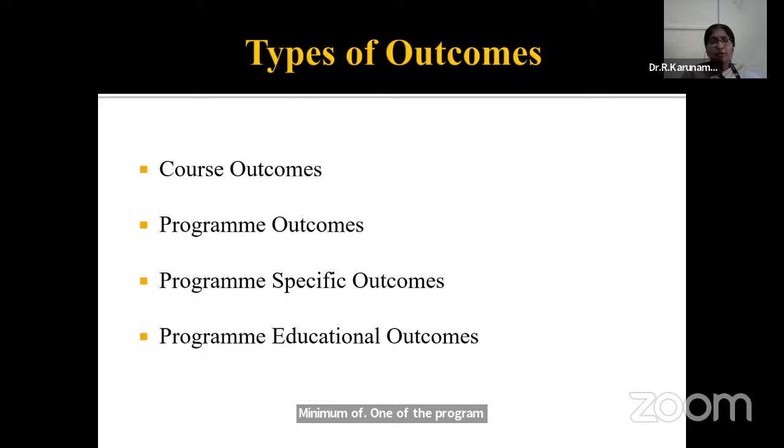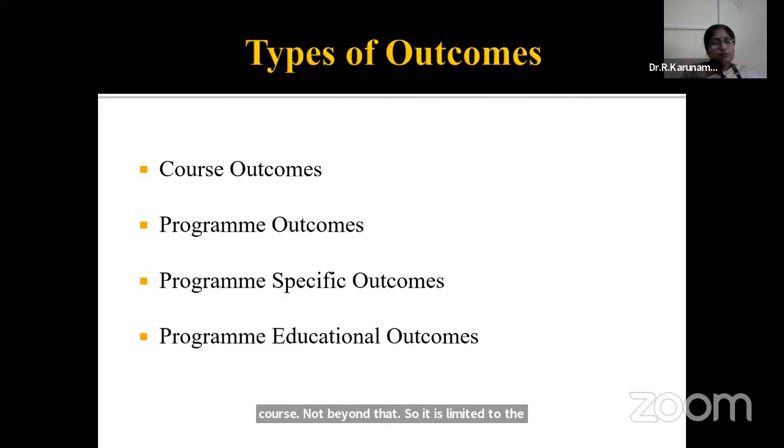Maximum, any number of program outcomes we can map it with. And CO is very specific to each individual course. It focuses only on the particular course, the knowledge and the skills related to the particular course, not beyond that. So it is limited to the particular course.